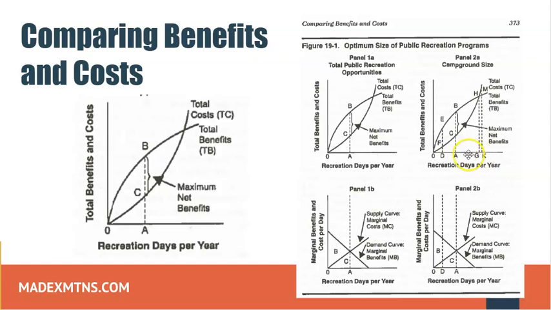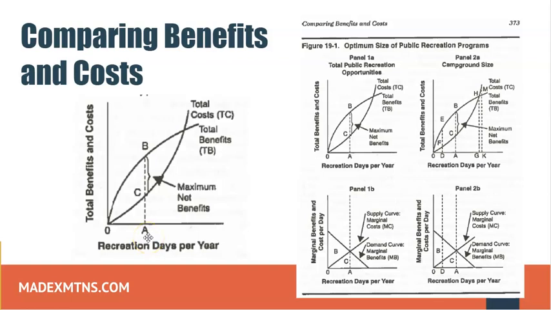And then you can compare that to level G, where the net benefits are 0 because the benefit and cost curves intersect. And then level K is when the total cost is greater than the total benefit. So what we're trying to do with benefit cost analysis is try to identify projects that generate maximum net benefits, like project A here.